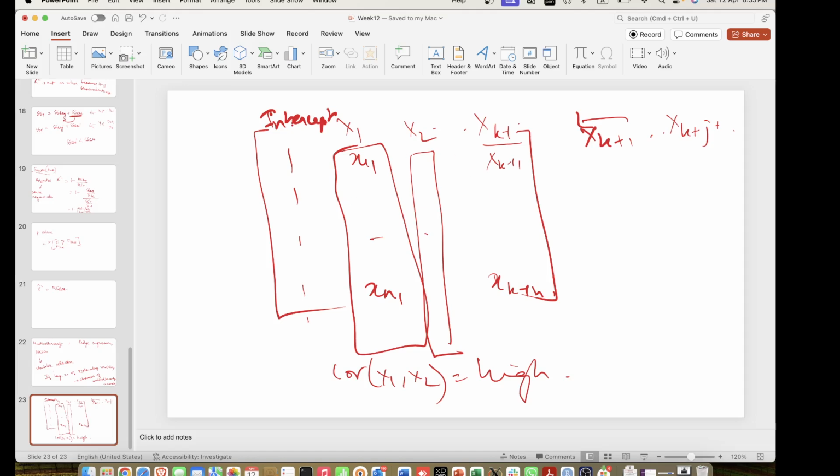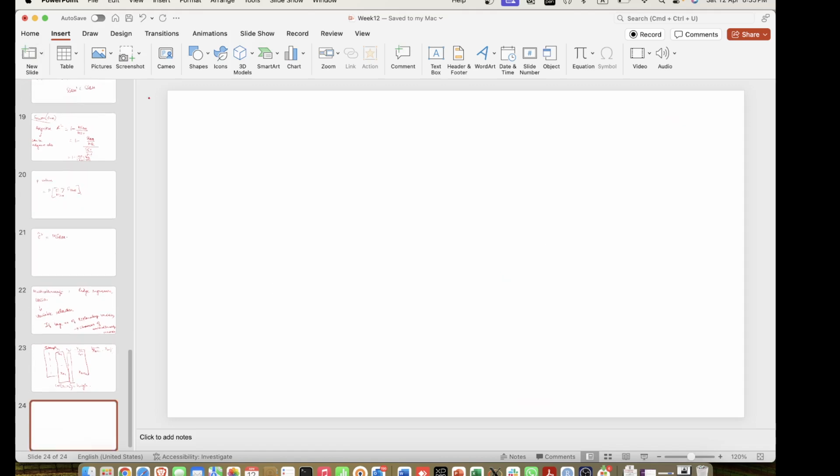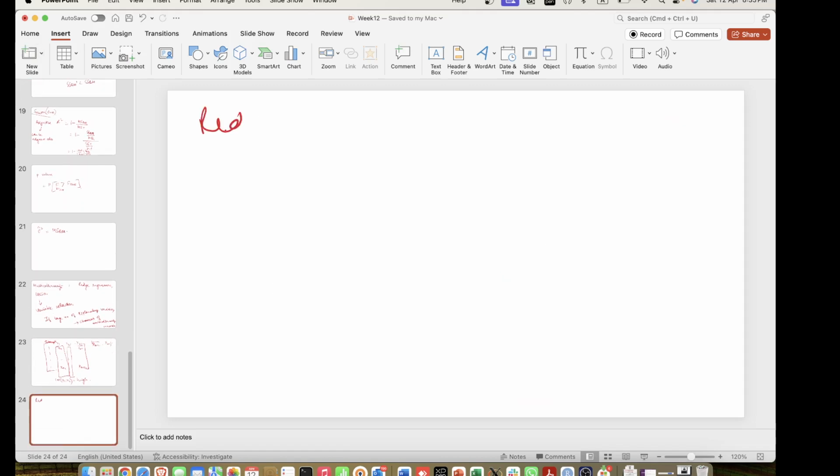In case of ridge regression, what is it doing?